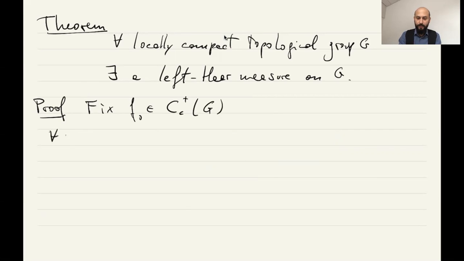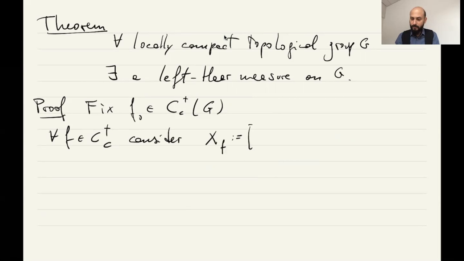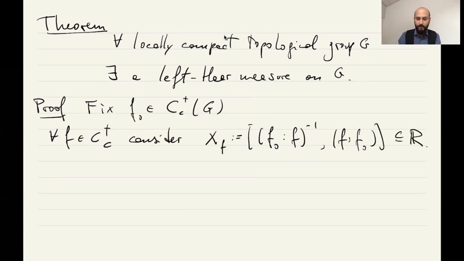And for every other f, we consider the interval X_f to be the interval between (f0 with respect to f) inverse and (f with respect to f0), a subset of R. And we let X be the infinite product of all these intervals.